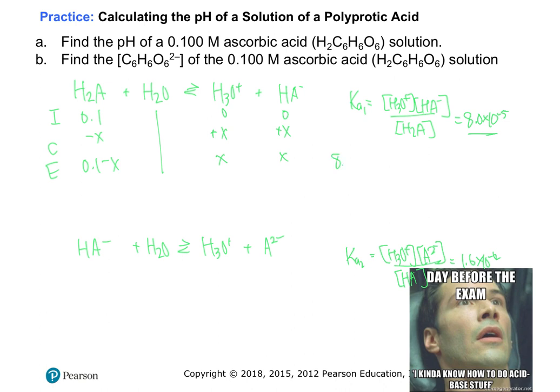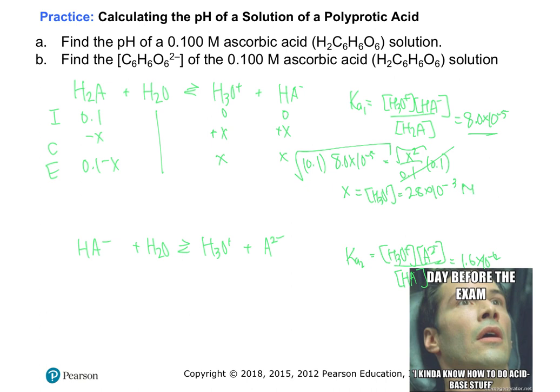So I have 8.0 times 10 to the negative 5 equals X squared over 0.1. We're going to multiply by 0.1 molar and then take the square root. So X, which is hydronium in this case, is 2.8 times 10 to the negative third molar.